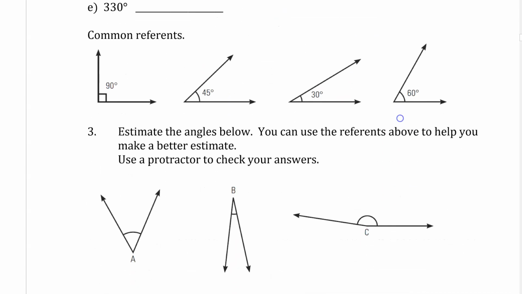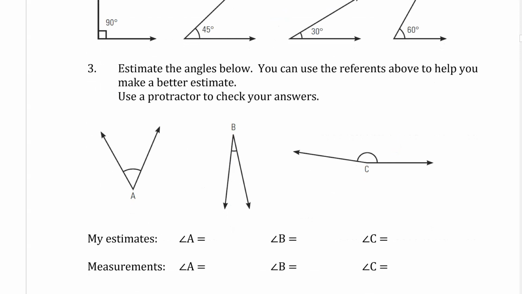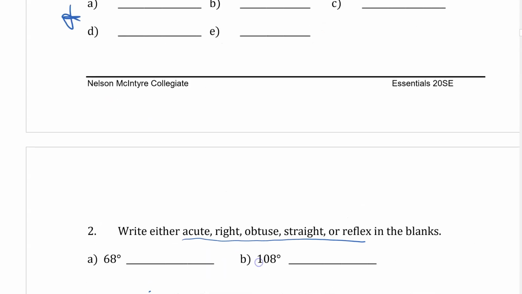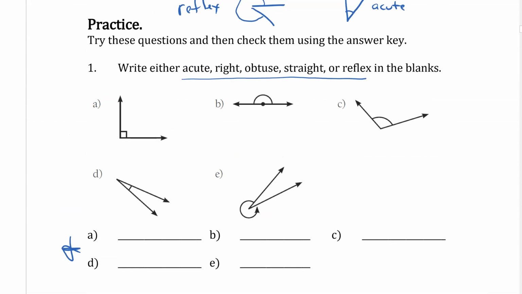And the last one is a couple of estimations for question number 3. If you have a protractor, you can actually measure and see how good you were. So please hit pause now and do those 3 questions, and when you come back, I'll show you the answers, and you can check to see how you did.